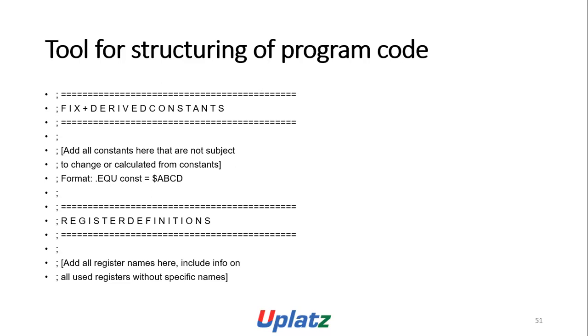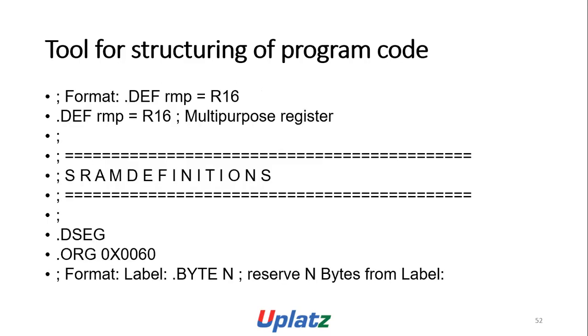Fixed plus derived constants: add all constants here that are not subject to change or calculated from the constant format, .equ constant = $ABCD. Register definitions: add all register names here, include info on all used registers with specific names. Format: .def RMP = R16, for the multi-purpose register. SRAM definition, data segment, .org 0x0060, format label: .byte n, that's n bytes for the label.